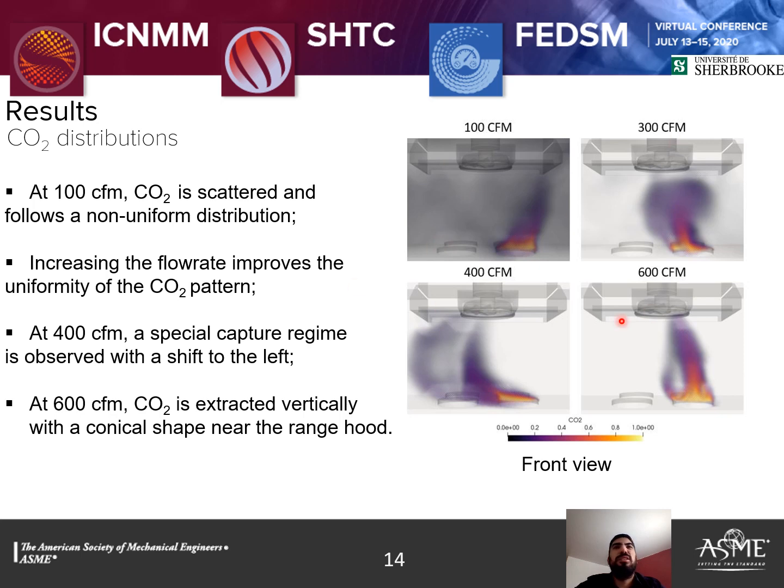However, by increasing the flow rate, the uniformity of the CO2 improves. At 600 CFM, we can see that the CO2 is extracted vertically with a conical shape near the range hood. However, at 400 CFM, we can see a special capture regime where a left shift is observed, and this left shift is toward the side of the fan rotation direction.